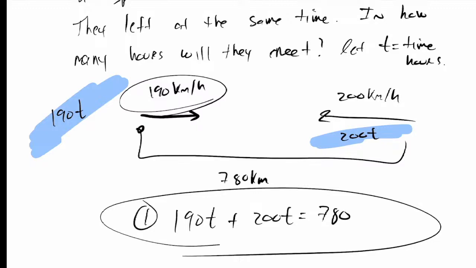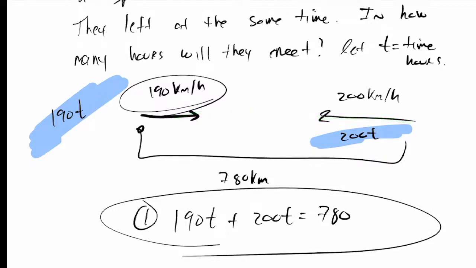Well, the thing is time is running continuously, right? So they leave at the exact same time. So what happens is after an hour, this plane has traveled 190 kilometers. After 2 hours, it's 380 kilometers, and it keeps going. After 1 hour, this plane is 200, then 400, then 600.